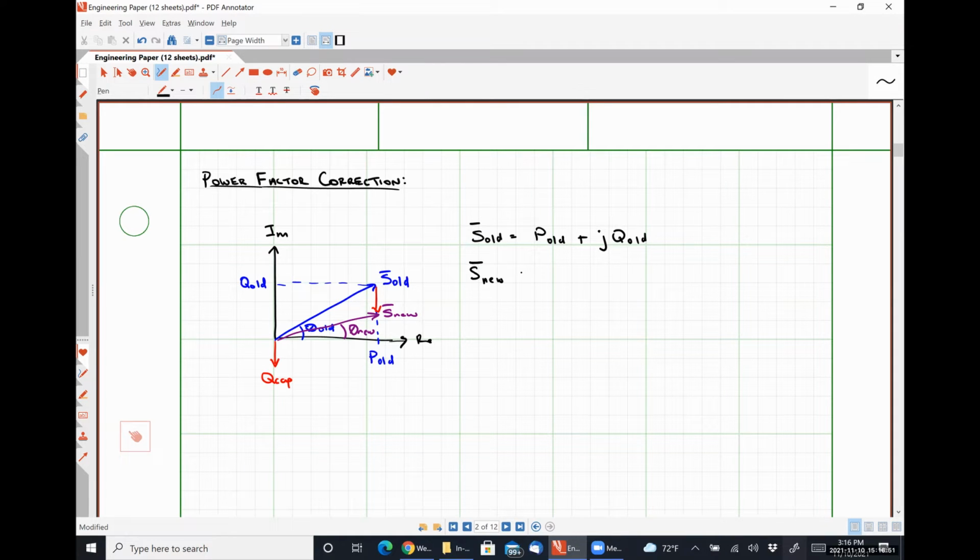S new is equal to P old plus jQ new, and therefore the complex power supplied by the capacitor is just S new minus S old, which will be exactly jQ new, sorry, minus Q old.